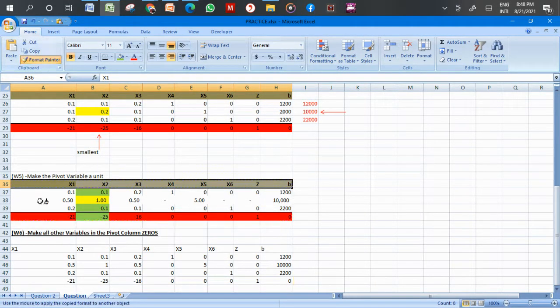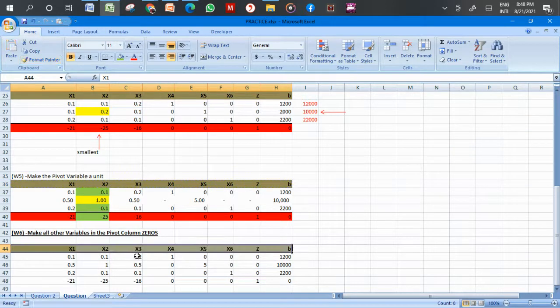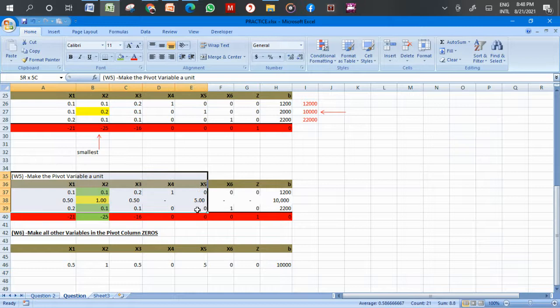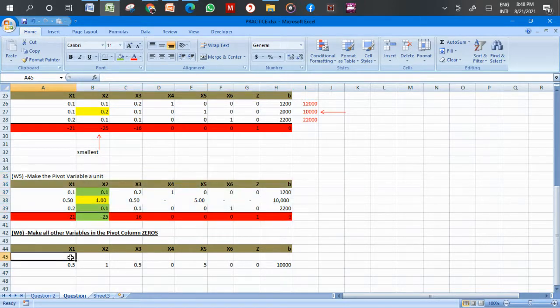I want to copy this one here. What we want to do is to make these columns. This column is okay because we worked on it when we were making the pivot variable unit. So the other columns, especially the first column, we have to make this 0.1 become 0.